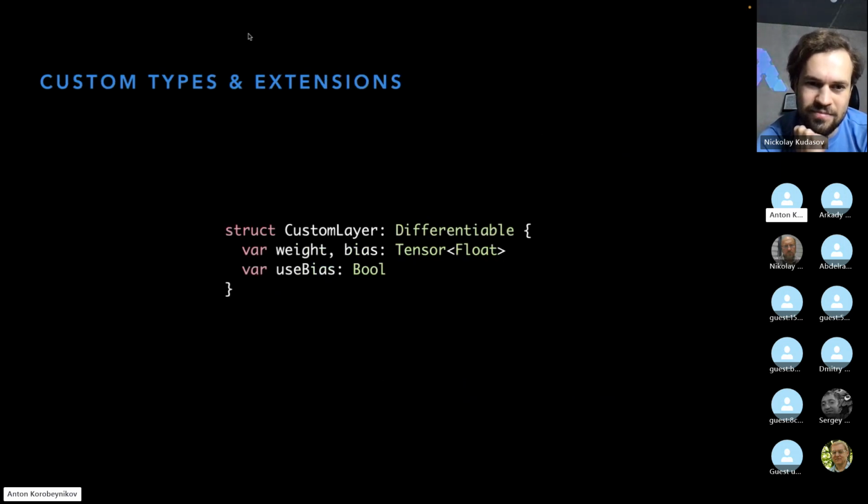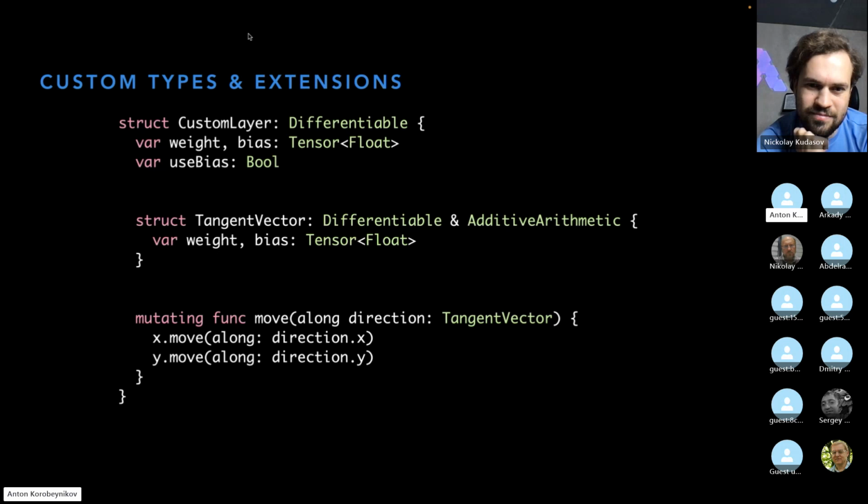So now let's get back to that custom layer example. Let us make it conform to the Differentiable protocol here. We need to define the tangent vector, and we need to define the exponential map.